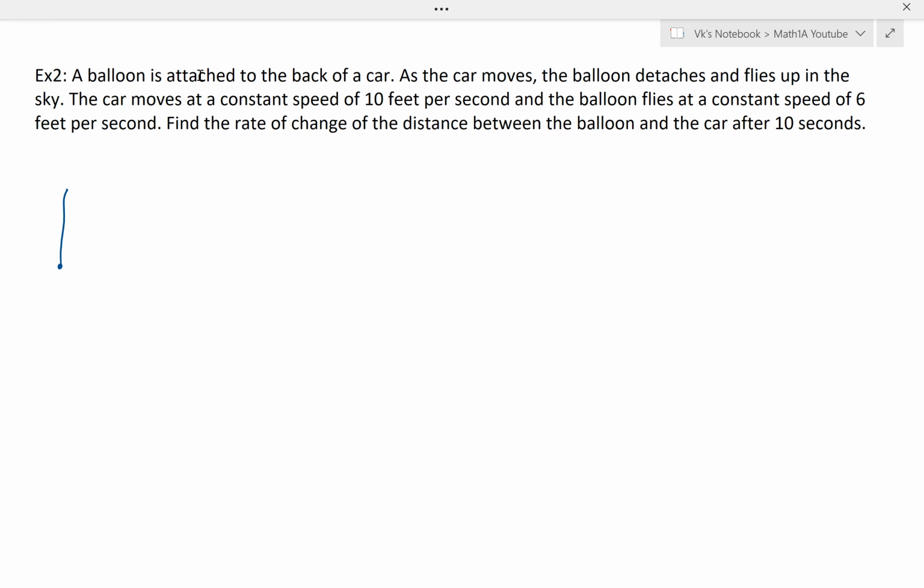So here comes the balloon at any time t. So this distance is y. And this would be the car at any time t. So we don't know this x.